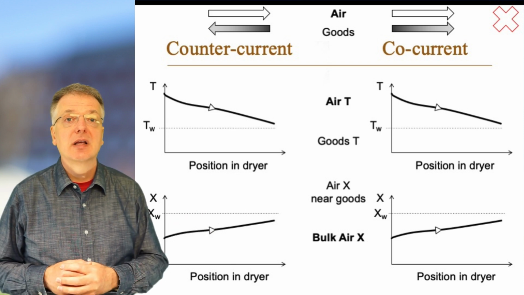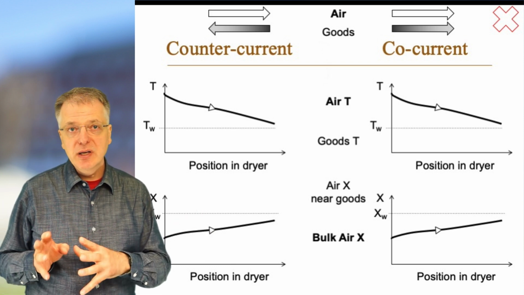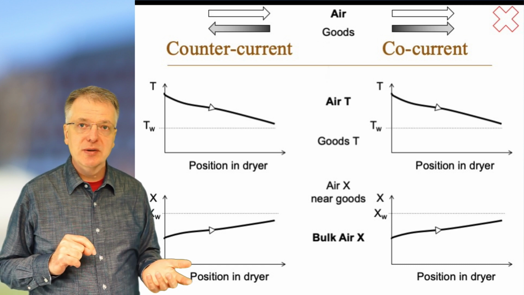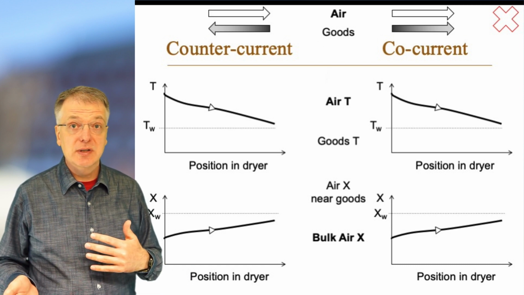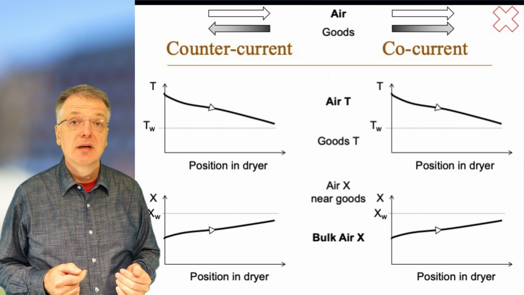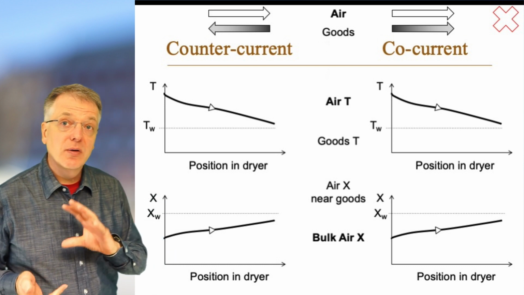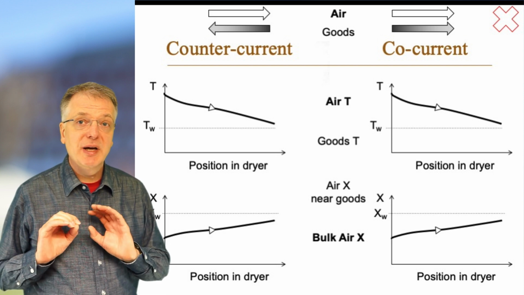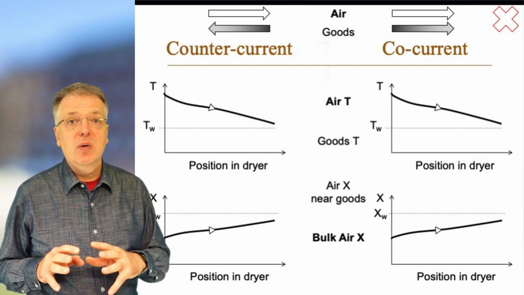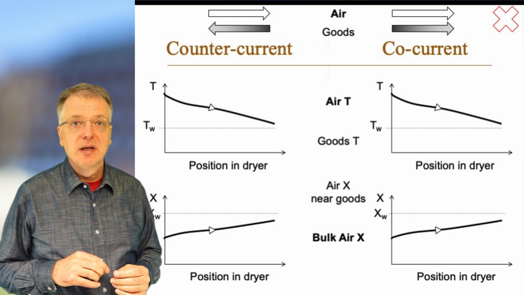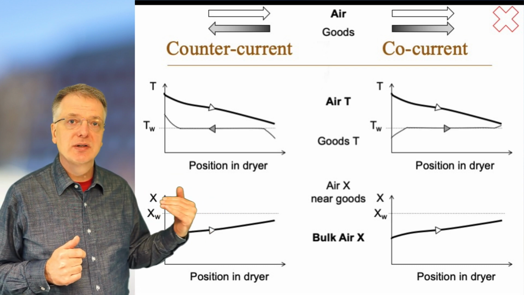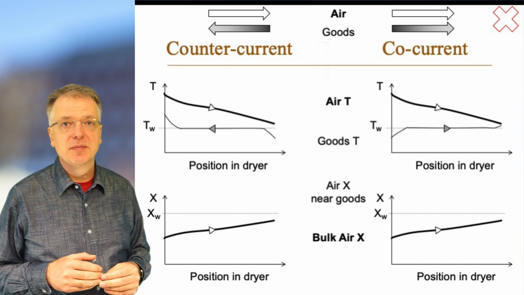The temperature of the drying goods may start at a temperature lower than the wet temperature of the bulk air. That is, if the drying goods haven't been preheated enough. When the temperature of the drying goods reaches the wet temperature, or to be more precise, the adiabatic temperature, we are now in the constant rate period, and the temperature will remain constant until the critical point when the surface becomes partially dry.